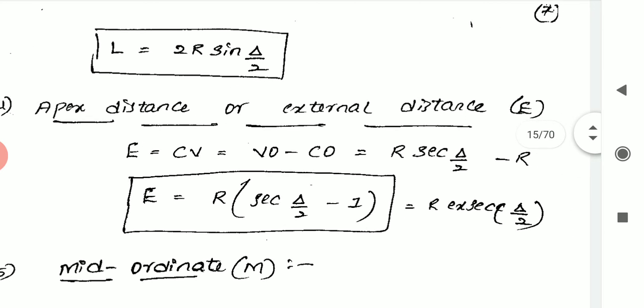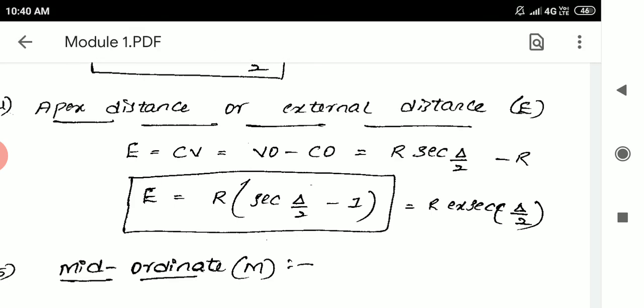Next, apex distance or external distance. Please refer to the diagram.